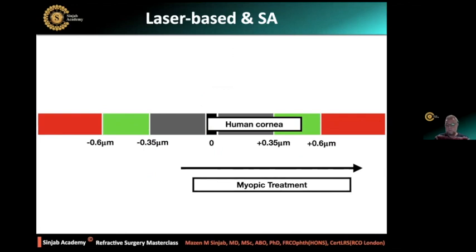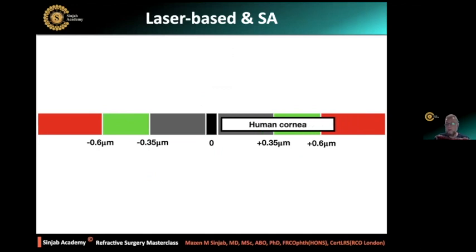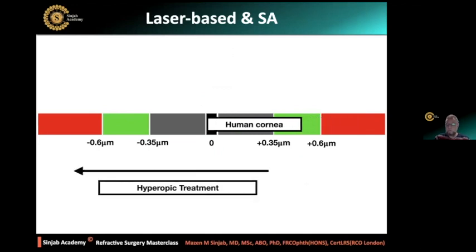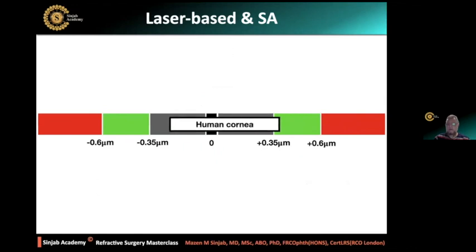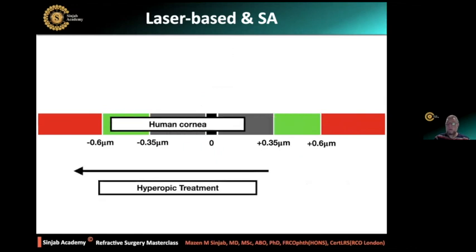Myopic treatment will push the spherical aberration to more positive, while hyperopic treatment will push spherical aberration of the cornea towards more negative. Now, you may ask, okay, what about these zones? The red one, the green one, and the gray one.